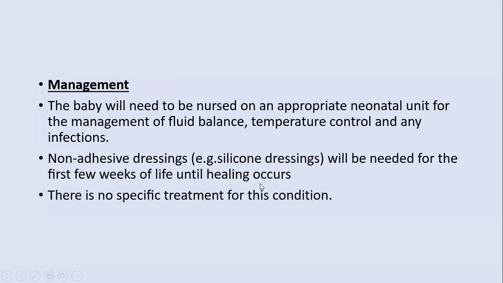The baby needs to be nursed in an appropriate neonatal unit for management of fluid balance, temperature control, and infection. Non-adhesive dressings like silicone dressing are needed for the first few weeks till healing occurs. This can prevent the scarring. There is no specific treatment of scarring if it develops.